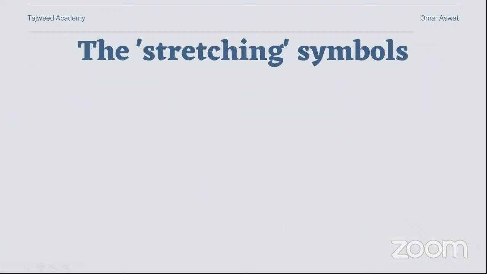The next thing we'll learn is the stretching symbols. So the stretching symbols, again, there's 3. We have the upright fatha, the standing kasra, and the upside down dhamma.